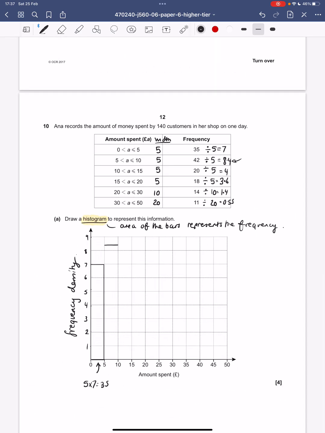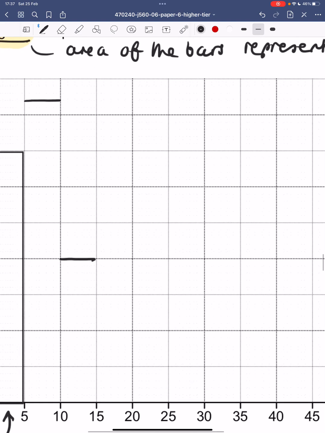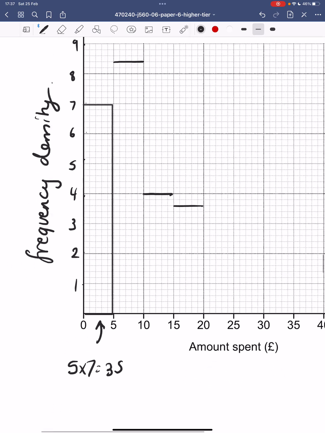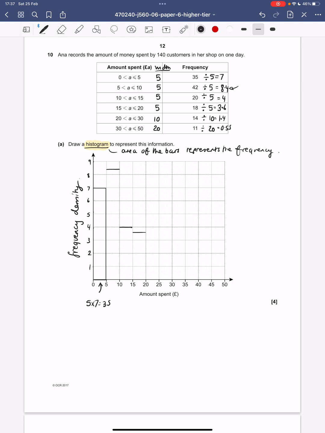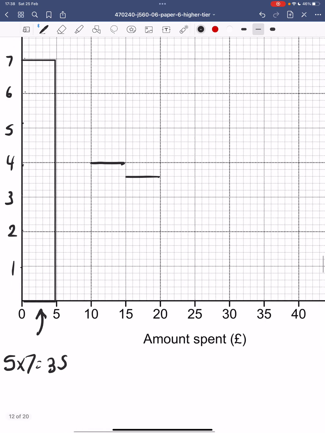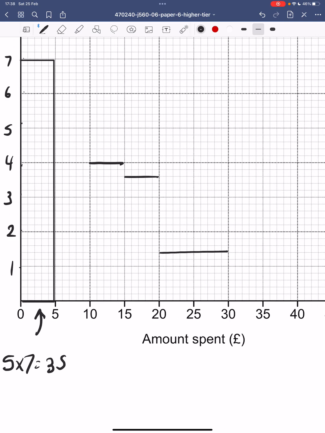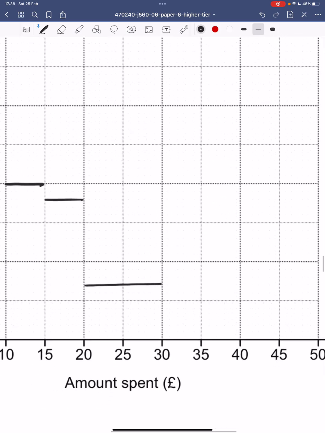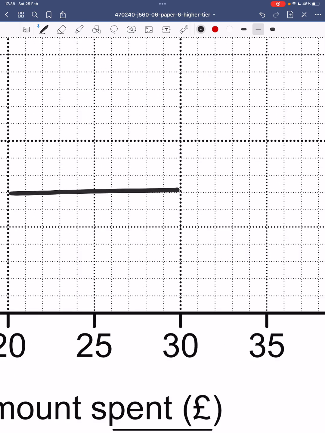The next one, 10 to 15, is a 4. 15 to 20 is a 3.6. 20 to 30 is a 1.4. And the next one, 30 to 50, is a 0.55. So that's 0.2, 0.4, 0.6, 0.5, it's there. 30 to 50.